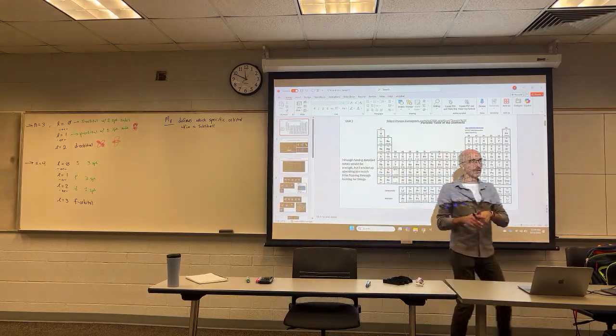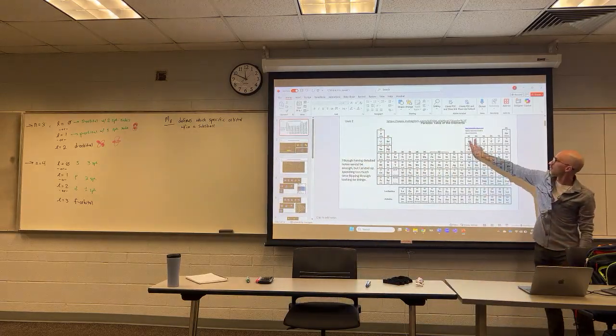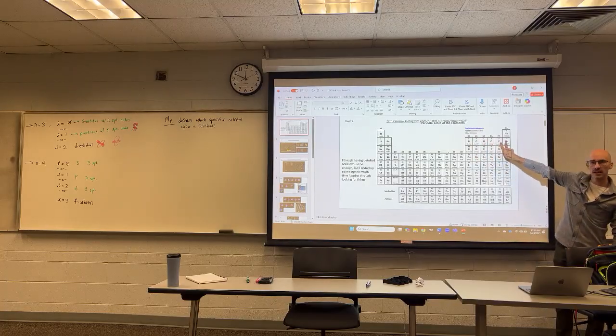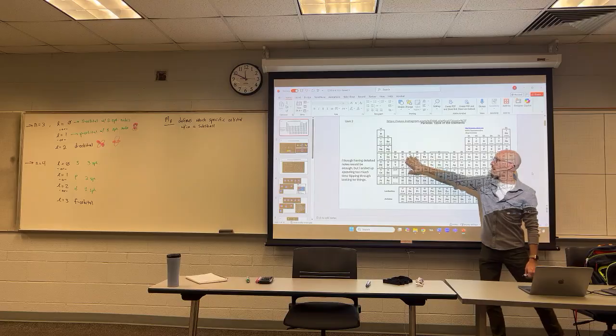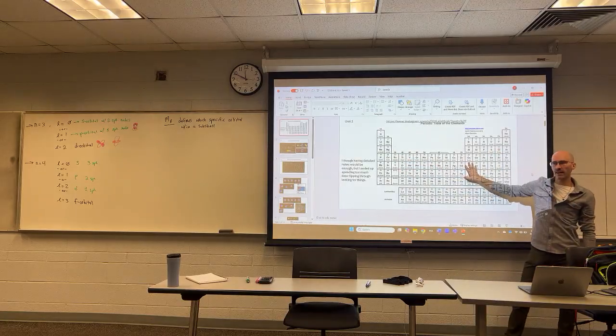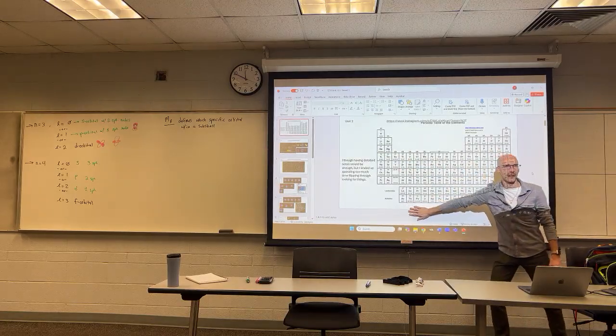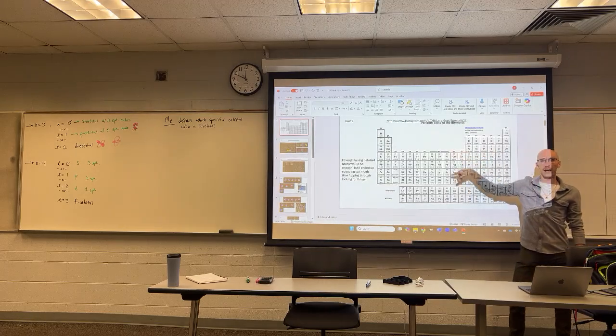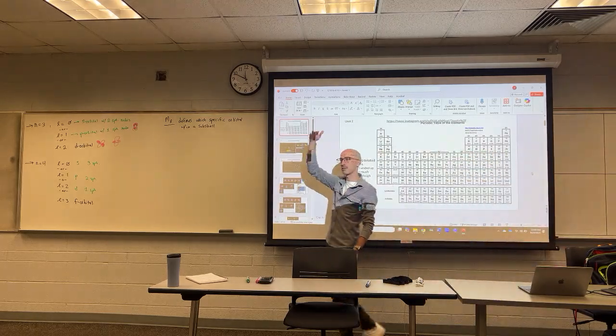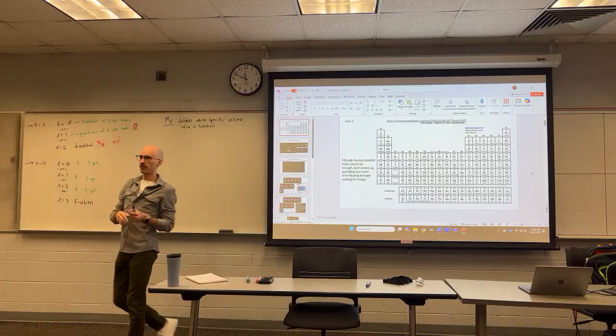P subshell always has 3 orbitals. D subshells always have 5 orbitals. F subshells always have 7. 1, 3, 5, 7. Each subshell gets an increasing number of orbitals.